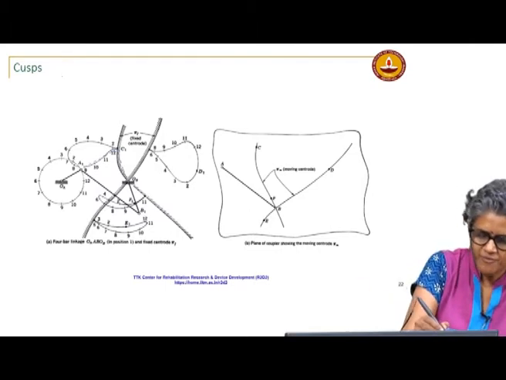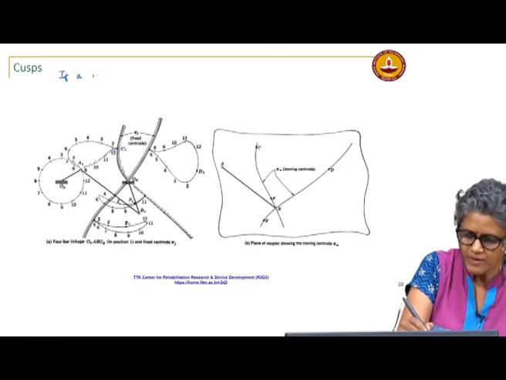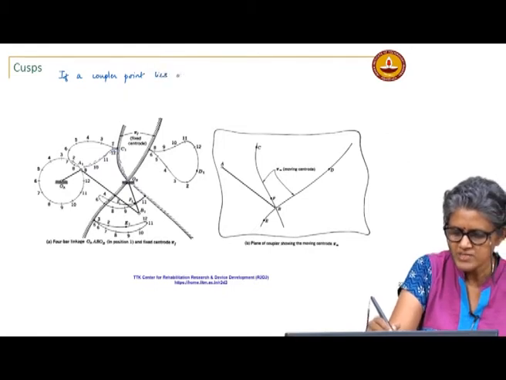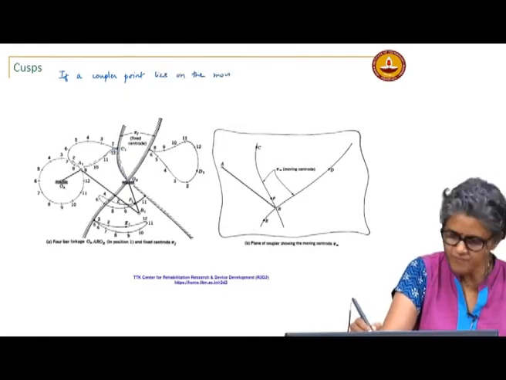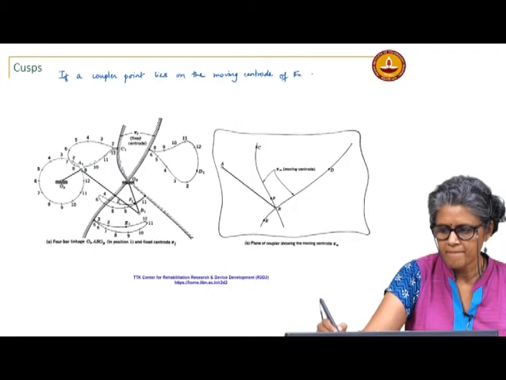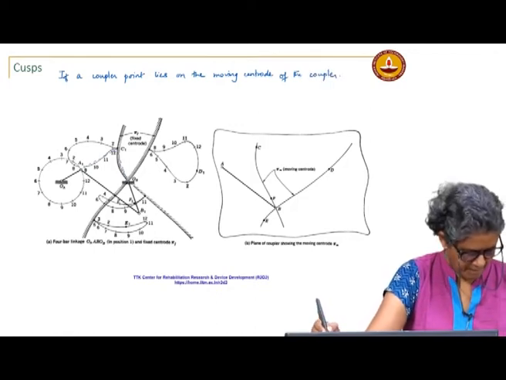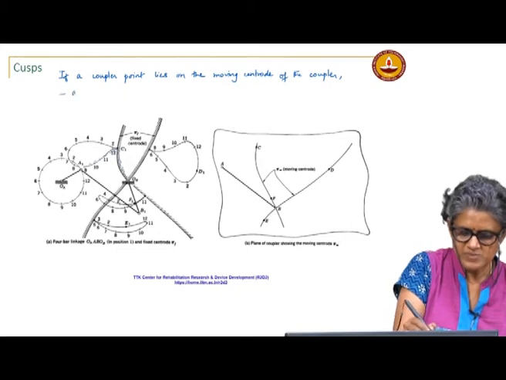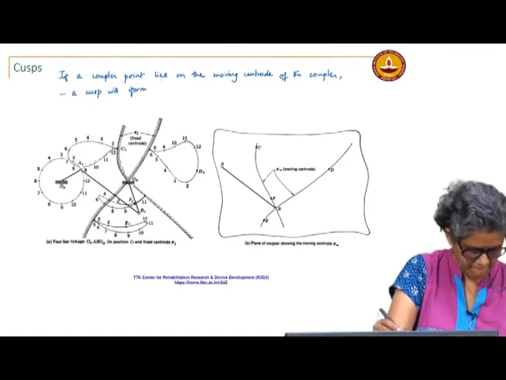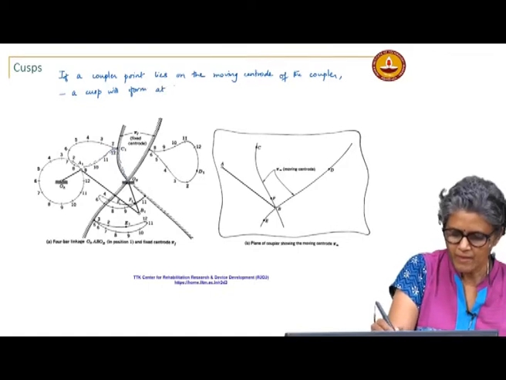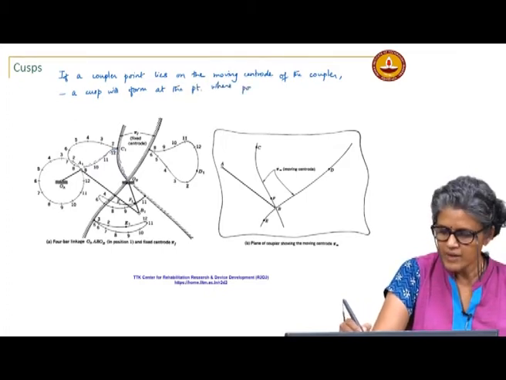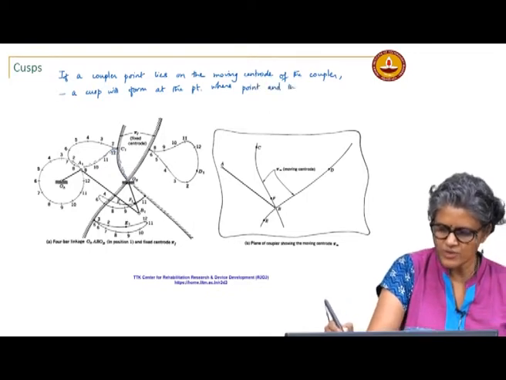So, if a coupler point lies on the moving centroid, then a cusp will form at the point where the point and the instant center are coincident.